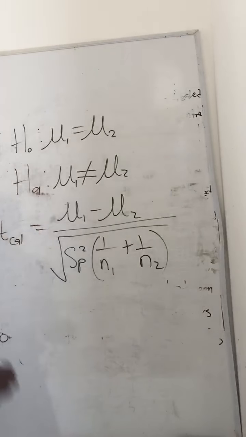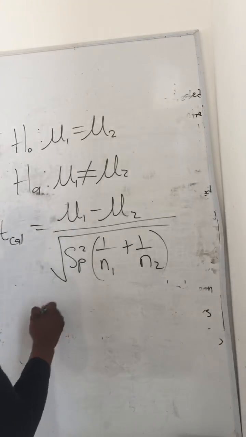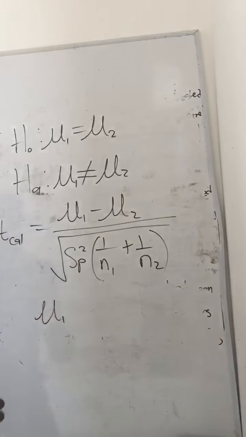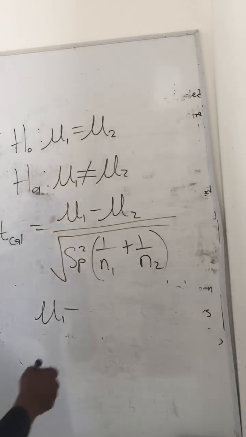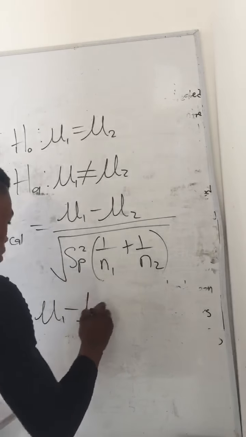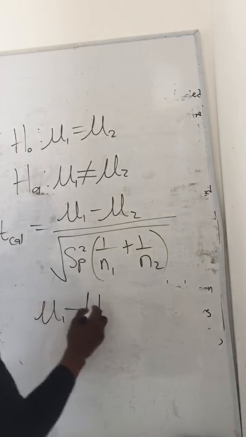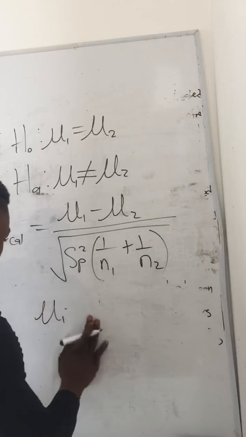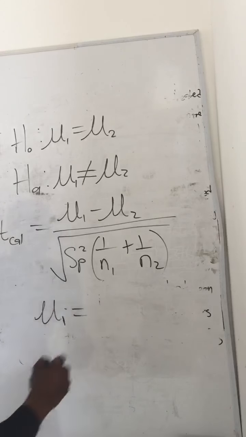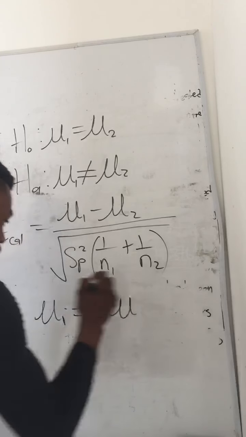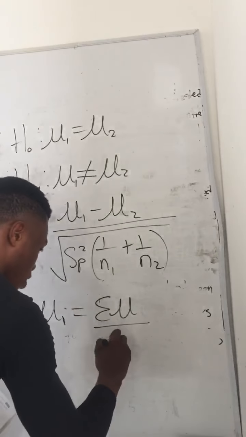Now remember, from our values in the sample, we have our mu1. I hope you wrote the question down so that you can follow up. We have our mu1, which is the mean, equal to the summation of the values all over the number.